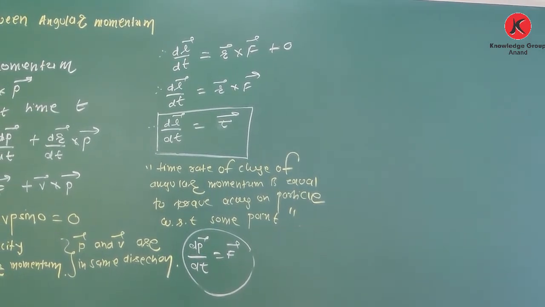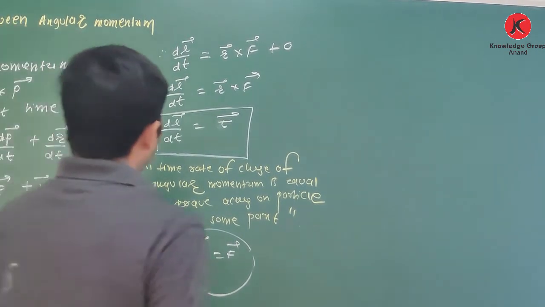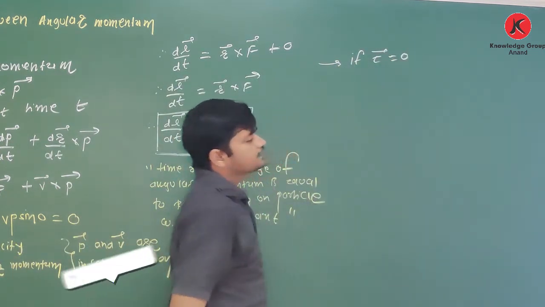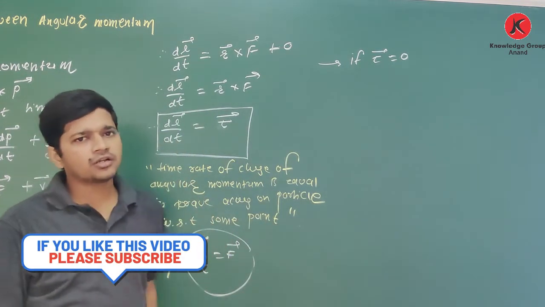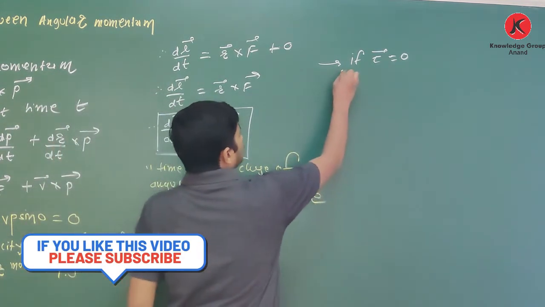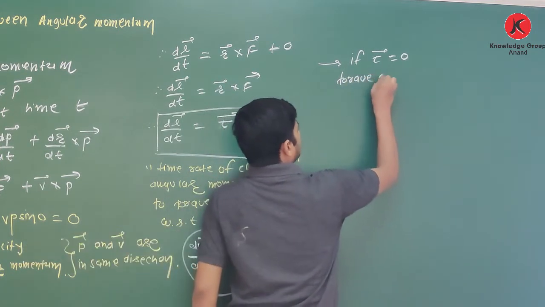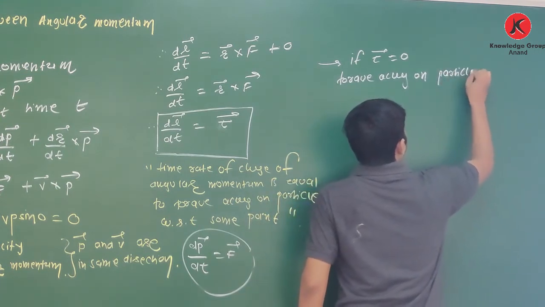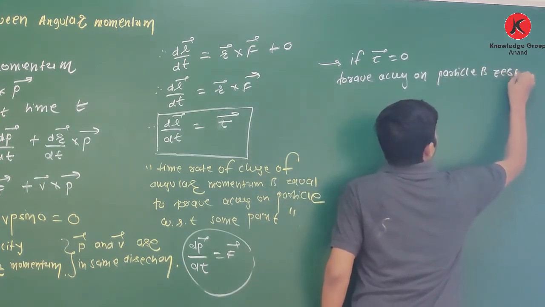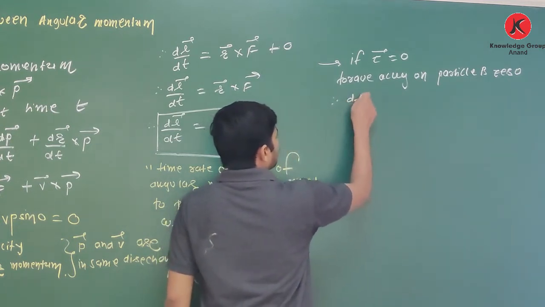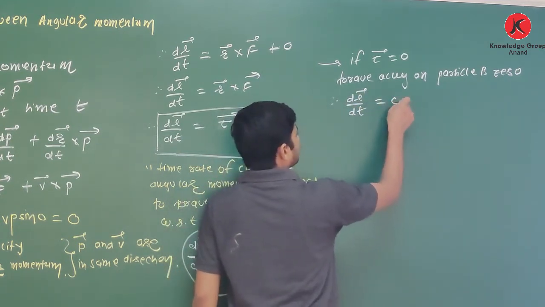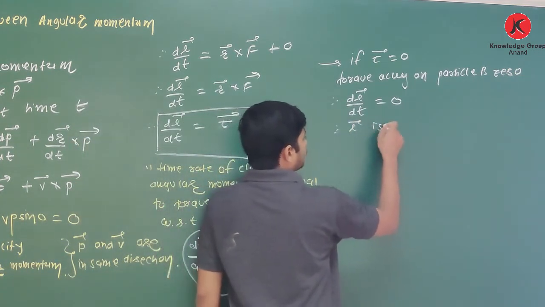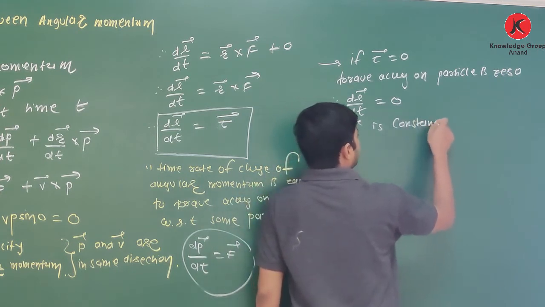For example, if tau is equal to 0, that is total torque acting on particle is 0, then according to this equation dL upon dt is also 0, and therefore L is constant.